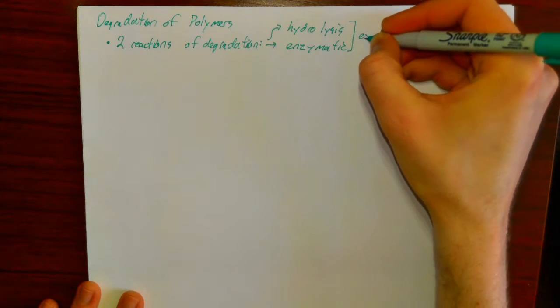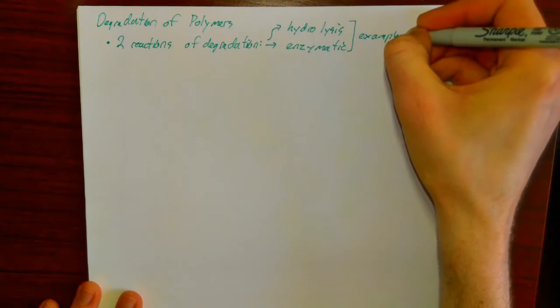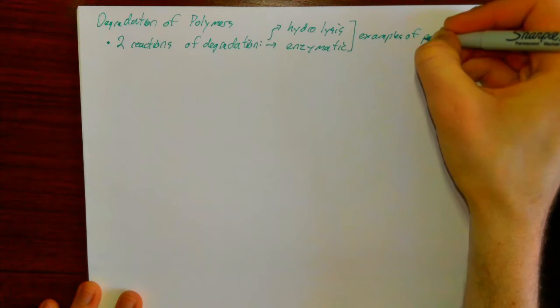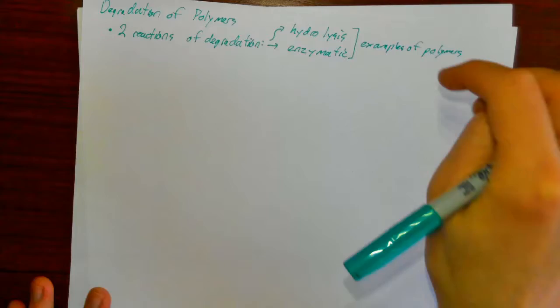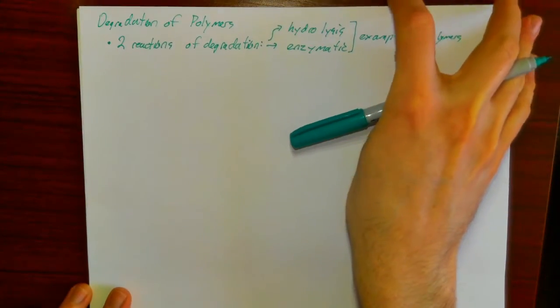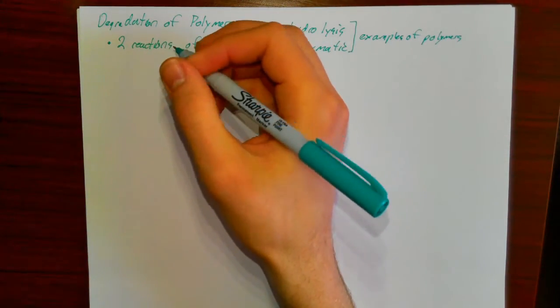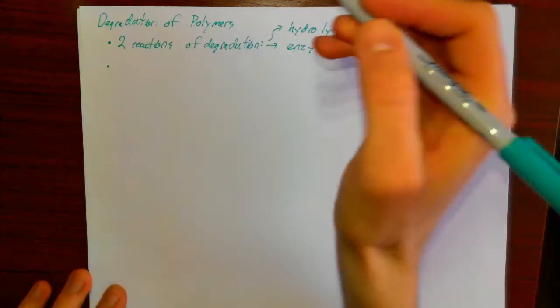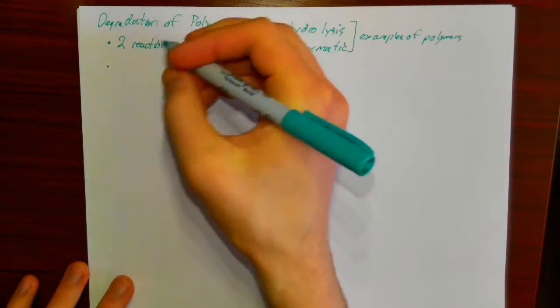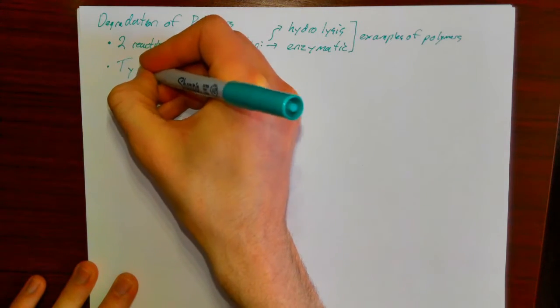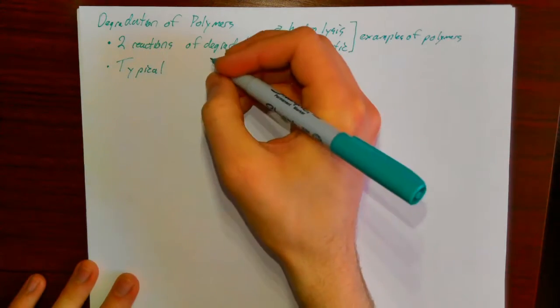So examples of polymers that typically experience these. Then we'll talk a little bit about some typical reaction rates that we might expect to see out of different classes of polymers. So typical reaction rates.